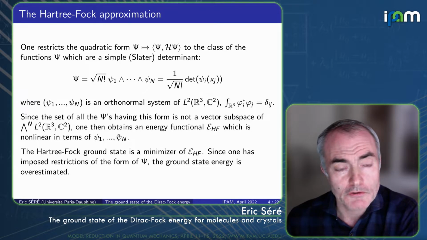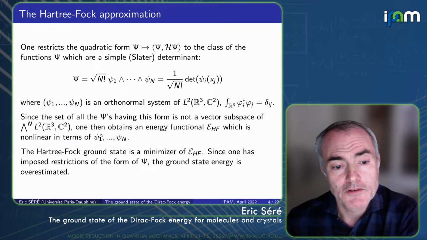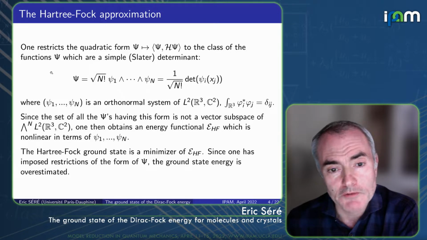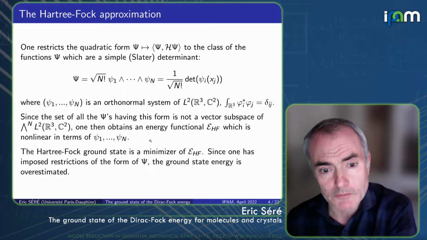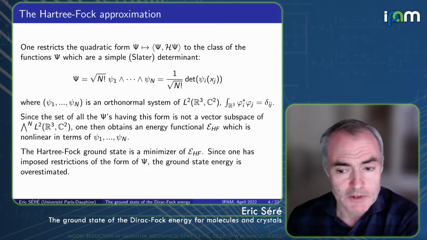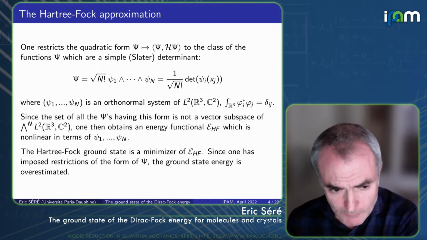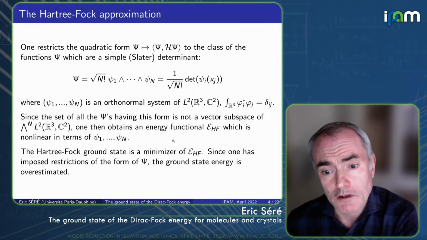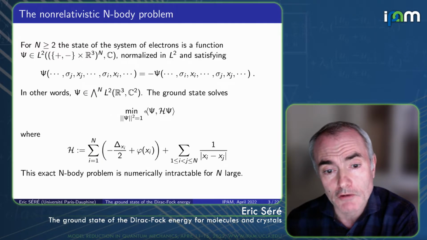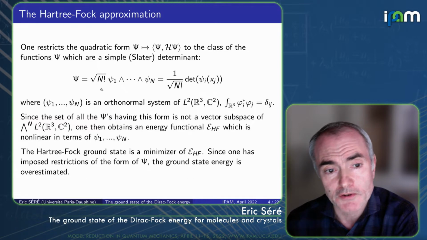So now the energy only depends on these n monoelectronic wave functions that constitute the Slater determinant, and this makes the problem much easier to discretize. So the Hartree-Fock ground state is just a minimizer of the Hartree-Fock functional, which is a restriction of the quadratic form we had before to the set of these Slater determinants.